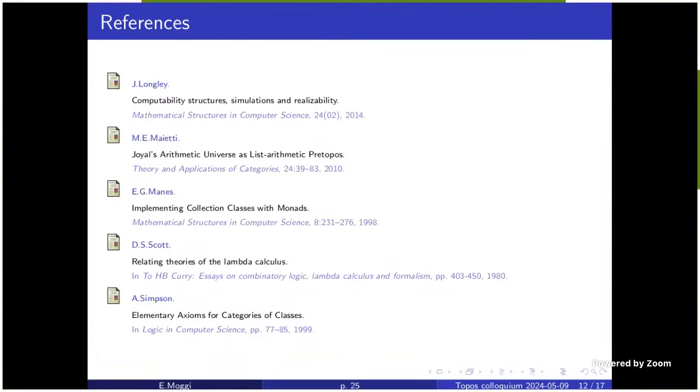There is a paper by John Longley in Mathematical Structures in Computer Science, where he introduced an even more general notion of realizability than the one I used, where instead of a monoid of maps, he considers relations, and instead of just one data type, he has several data types. So you have a typed relational structure for defining computation. So if you want something as general as possible, I suggest this paper by John Longley.